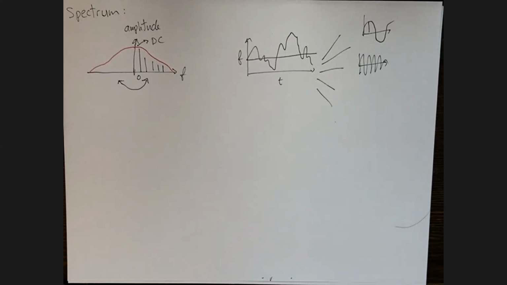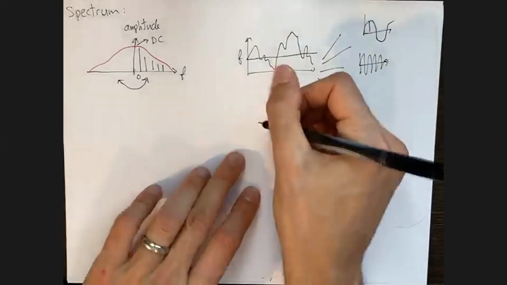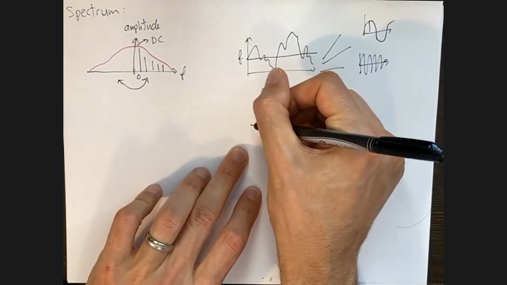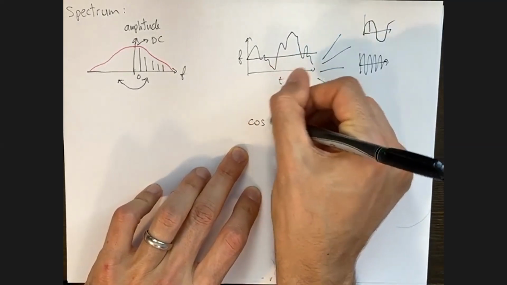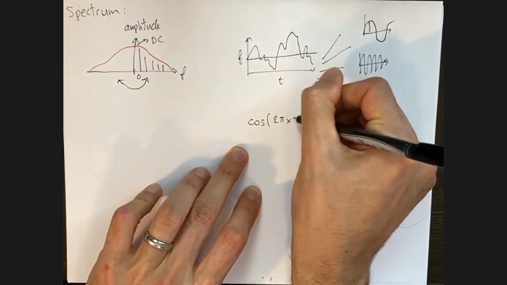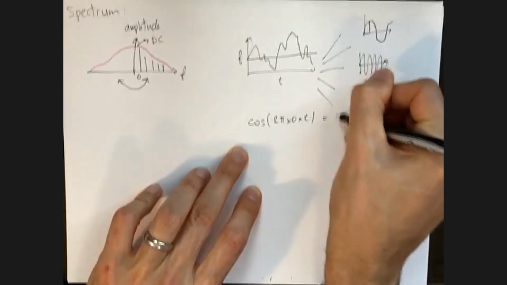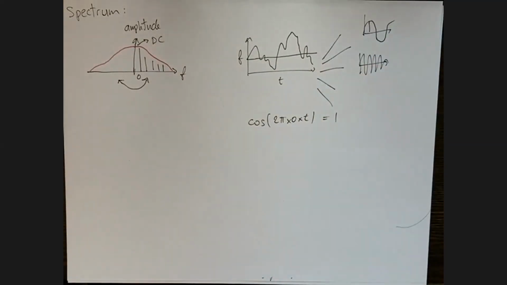Essentially it corresponds to a cosine wave that has 0 frequency. If we write it down, it would simply be cos of 2 pi times 0 times t, which is just 1. So what we call the DC term is just a constant offset that's applied to the signal, and it's the mean value of the signal.